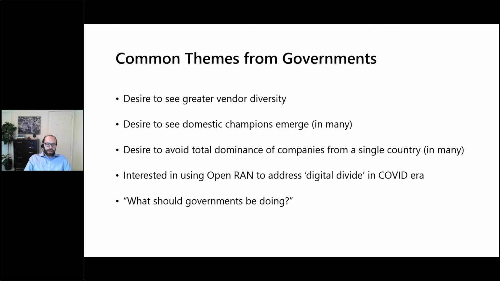The fourth is in the age of COVID, which we're all too familiar with at this point, the digital divide has come into stark focus in many, if not most, countries around the world.